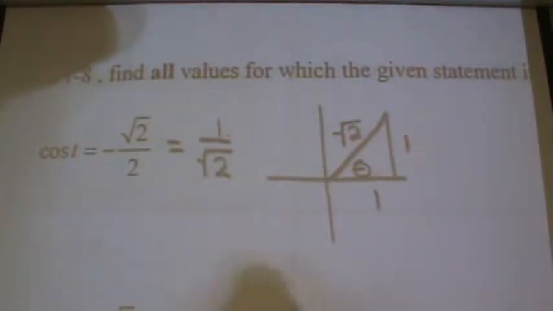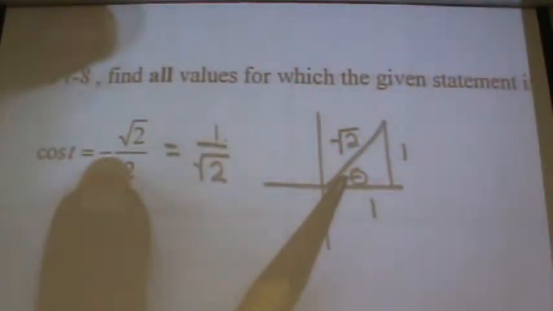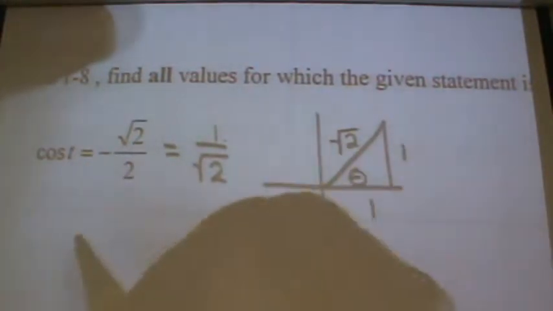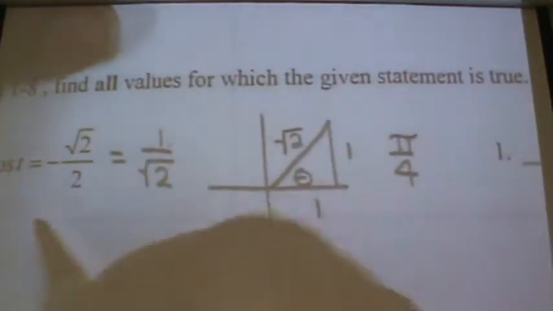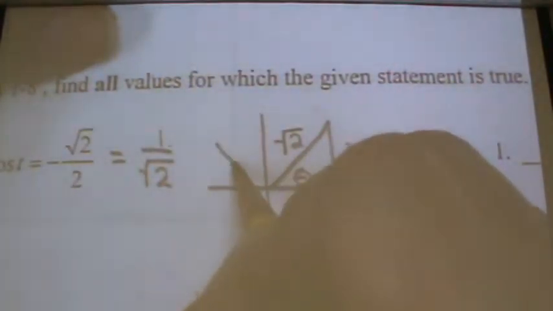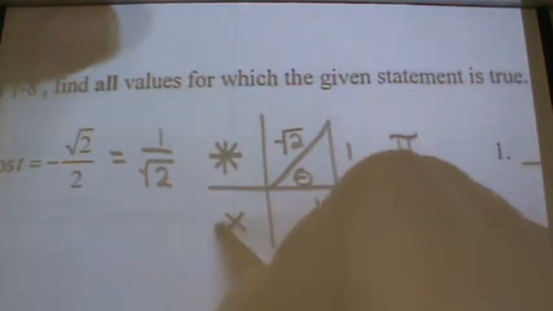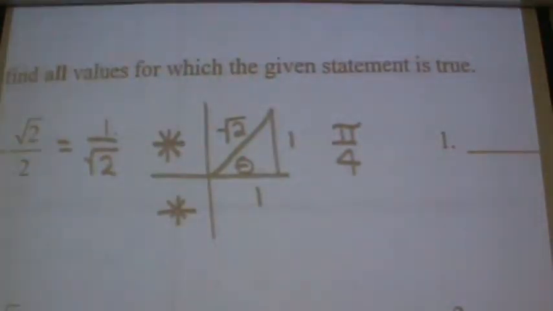Okay? So we want to be negative. In what 2 quadrants do you have that pi over 4? This is a pi over 4 angle. In what 2 quadrants is cosine negative in? Here and here. So what are the 2 angles that have a 45? What are the 45ers in quadrant 2 and 3?